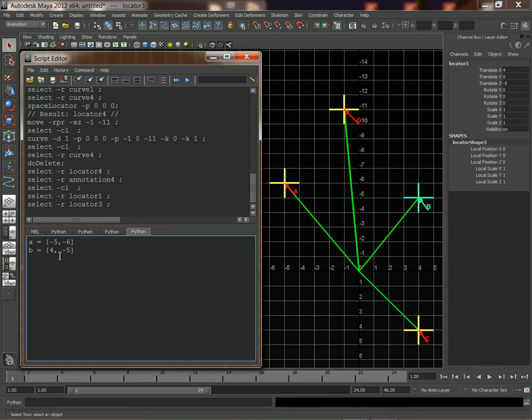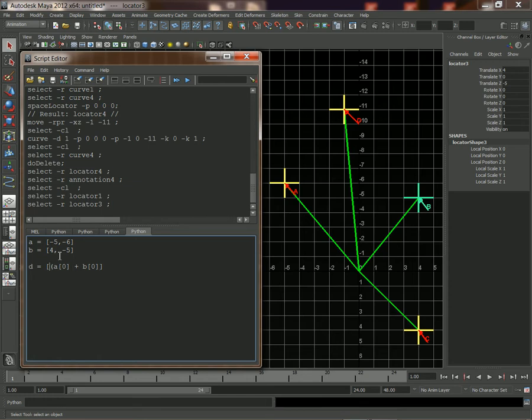So if we wanted to get point D, that we already have in the viewport, it's very simple. What that would look like is D would be defined by taking AX, so the first index in A's list, plus BX.